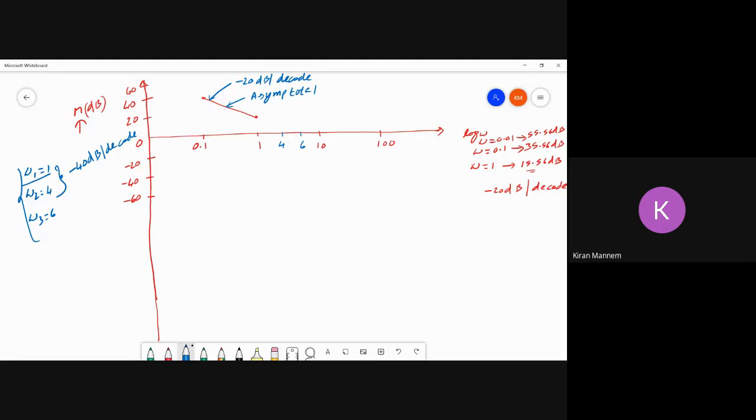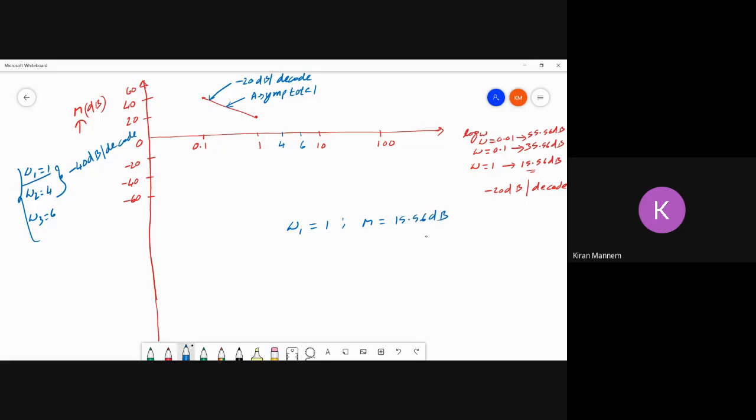I'll show you how. Now let us take omega equal to 1. Here I'm making calculations. When omega equals 1, your magnitude is 15.56 dB.